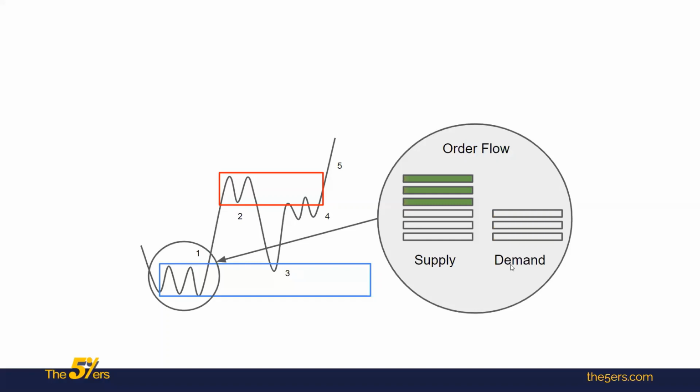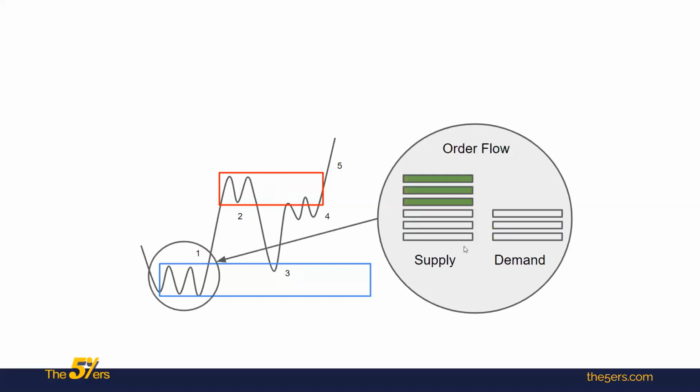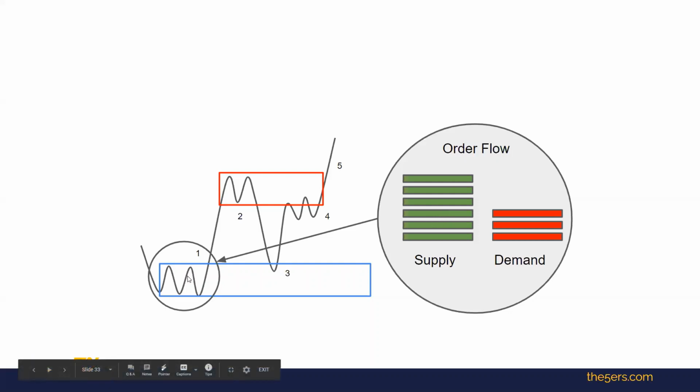It's demand. Sorry, it's written just the opposite. I'm sorry for that. Okay, so green is the demand, red is supply, right? Just ignore whatever is written here. Just look at the colors. Okay, so more demand than supply.